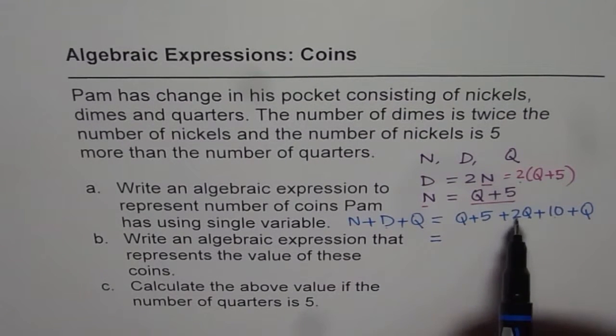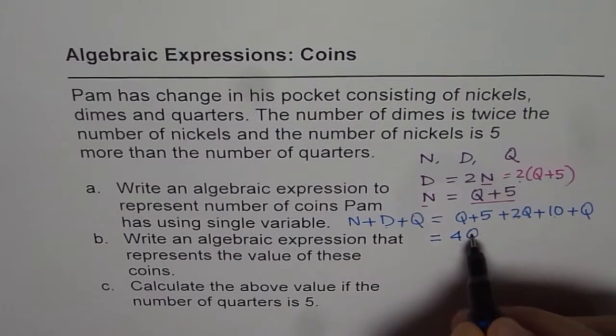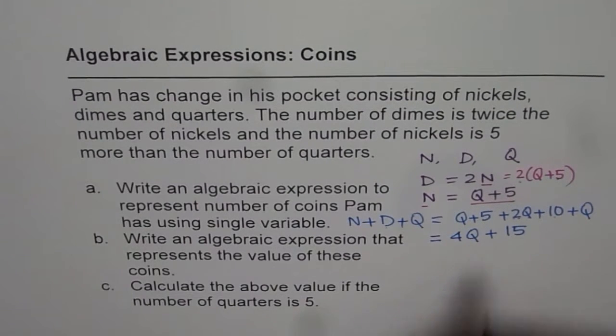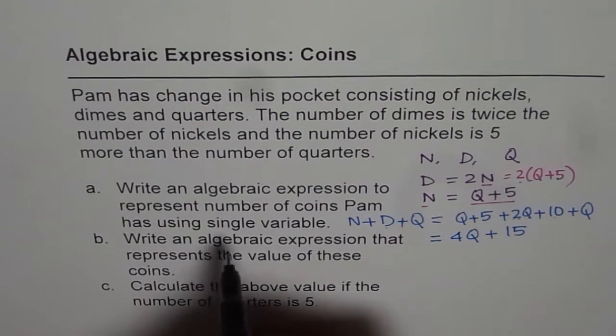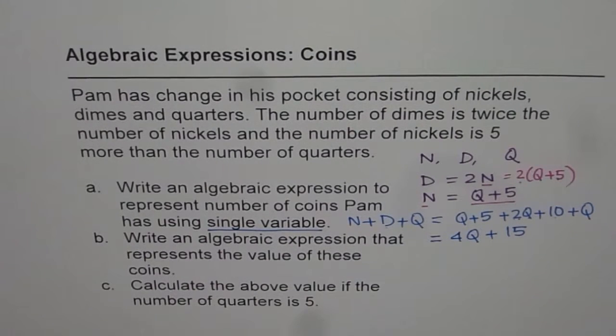So quarters are q plus 2q plus q, so 3 plus 1 is 4. So you get 4q plus the numbers, 5 plus 10 is 15. So that is what you get, 4q plus 15. That becomes an algebraic expression in a single variable. That is how we can write it.